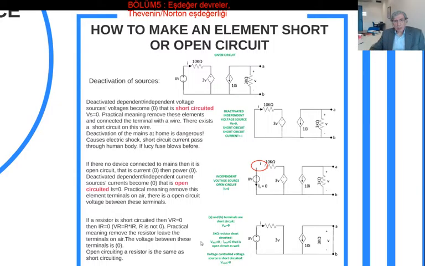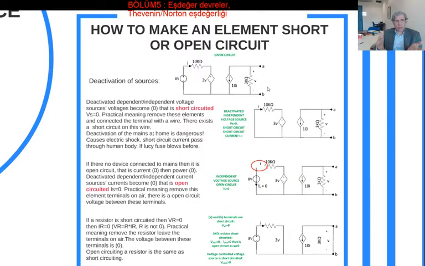Here we are. There is a given circuit here. This given circuit has 5 elements in it. Now, deactivation is a new concept.